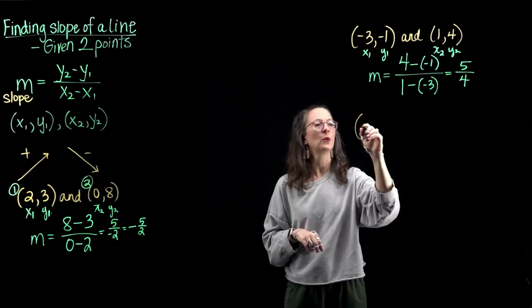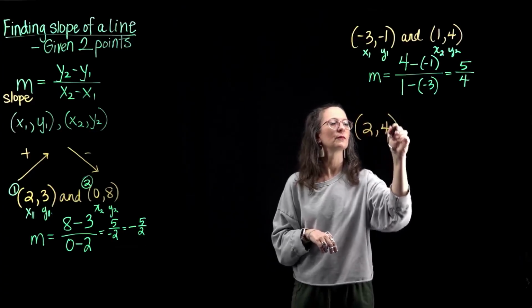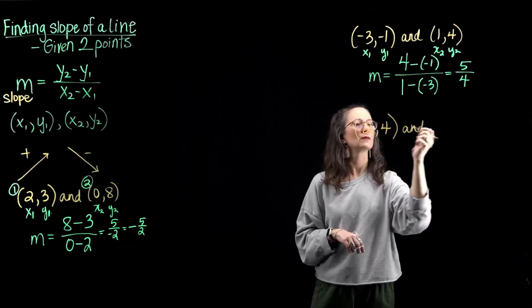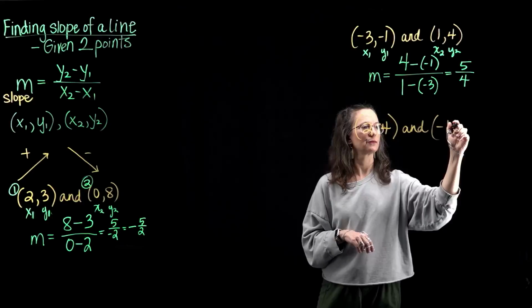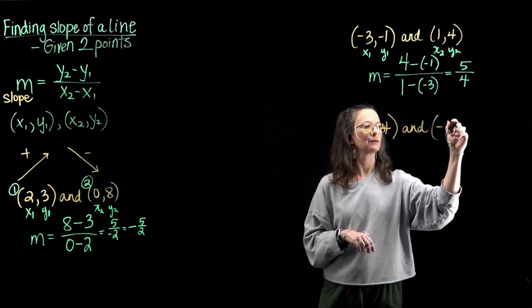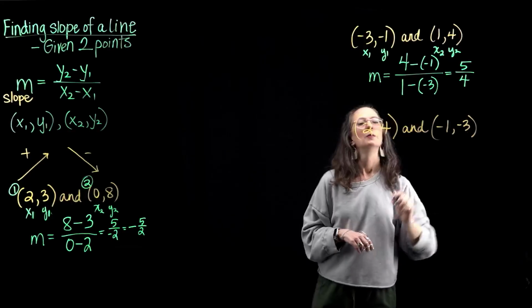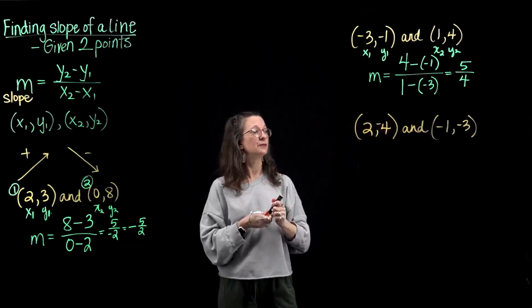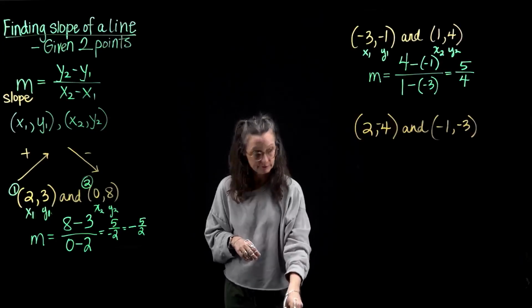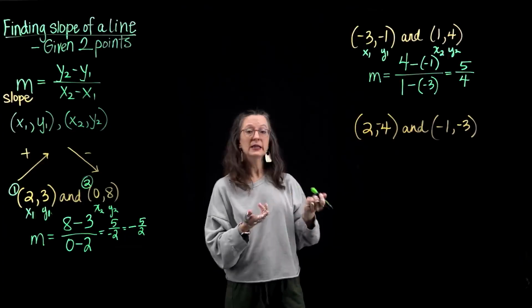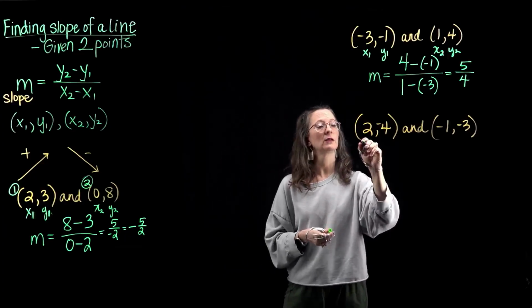Let's say I have the points 2, -4, and -1, -3. All right, let's label our points, or our coordinates.